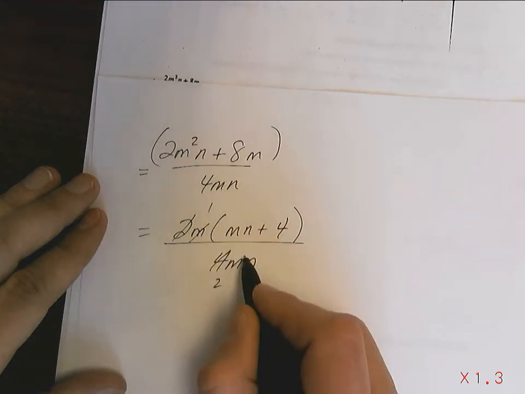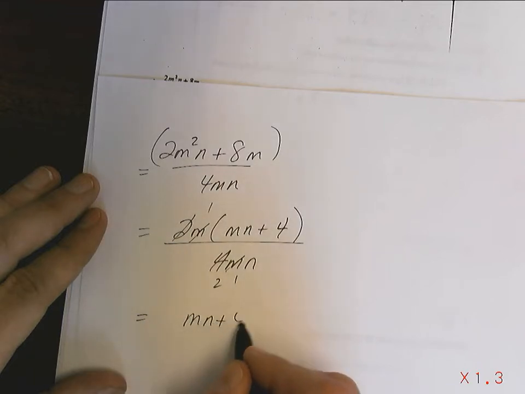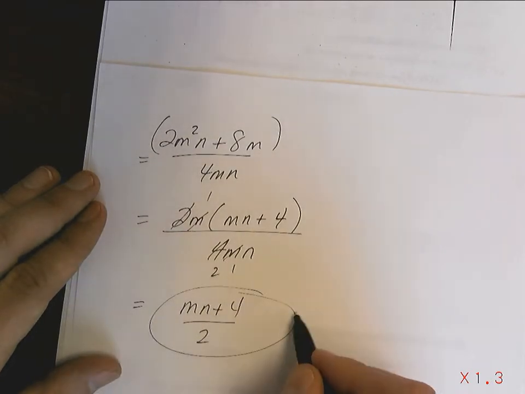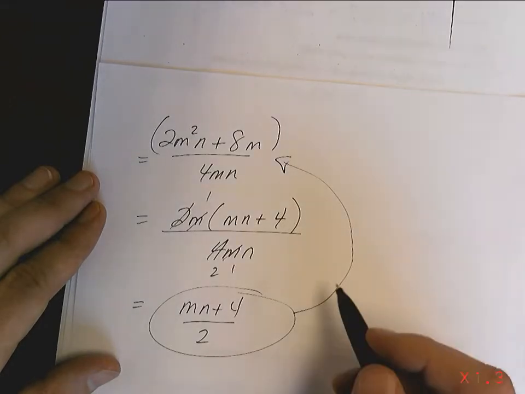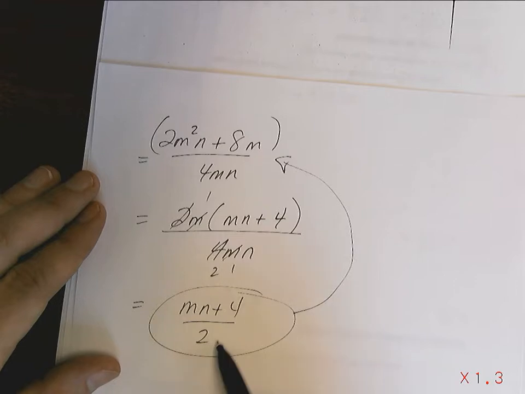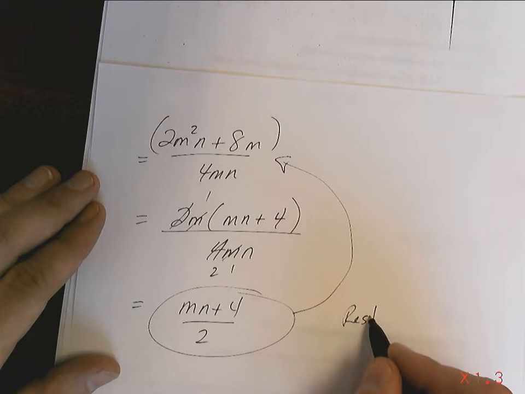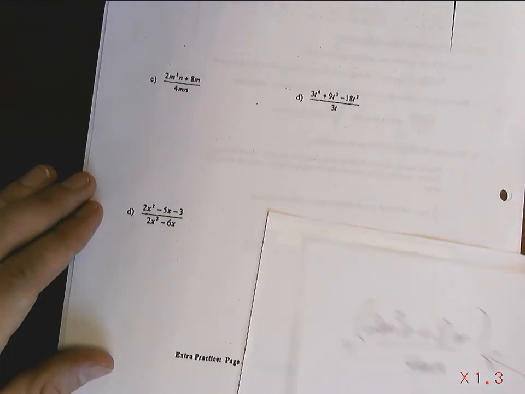This m will reduce, leaving you with mn plus 4 over 2, meaning that this is equivalent to that, just much simpler to work with. We look at our restrictions. I don't need restrictions here. I do need restrictions up here, though, and those restrictions are that m and n both cannot equal 0. Okay, let's look at D.